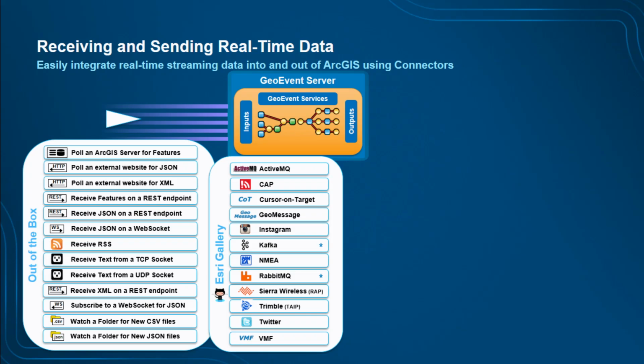Now, there are also a lot of very specialized connectors that are really tailored for very specialized inputs. Things like receiving tweets or Instagram or common alerting protocol messages, and these are also available to you as well.